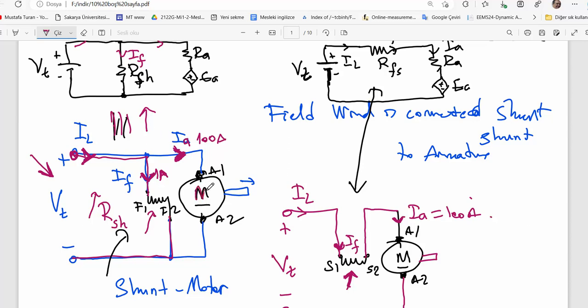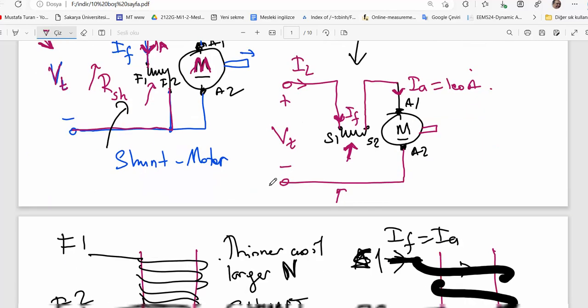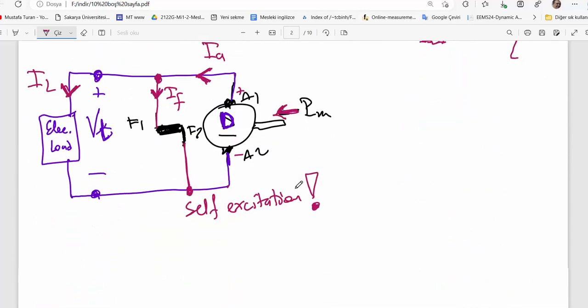That was motor operation. Electric energy is applied from the terminal and converted in the armature into mechanical power. And here mechanical energy is applied and converted into electric power in the armature. That induced electric power will supply itself and the load.